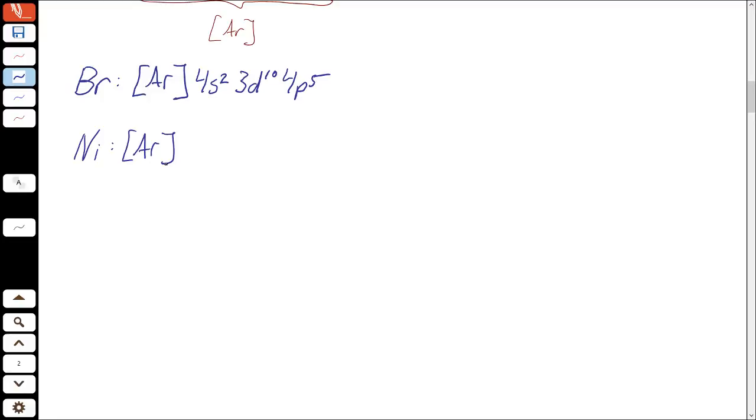Then we've got the S block, so 4s2. And then we can see that nickel is the 3rd to last in the D block. We know the D block is 10. There's 10 of them. So that means that's going to be number 8. 8, 9, 10. So that's going to be d8. And that's it. That's the configuration.